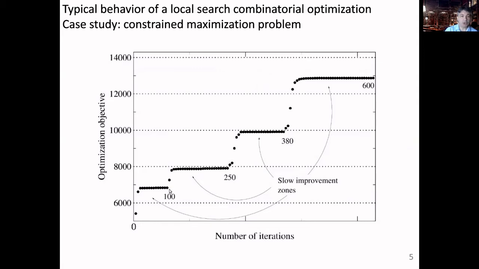And then maybe we'll change the algorithm and use another type of local search that operates on a different criteria. And then it will help us to escape this local attraction basin in this area, and we'll improve it. And then again, enter into the slow improvement zone. And then again and again, we'll switch the algorithm at some point.